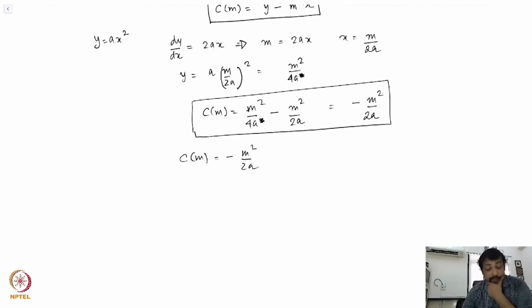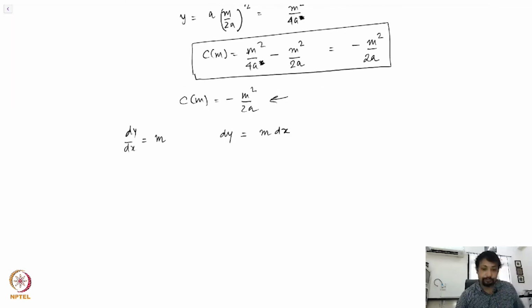But then you can ask me, given this c of m, how do I construct back the function? That's a valid question. So let's start off. So I know dy dx is equal to m, therefore dy is m times dx.